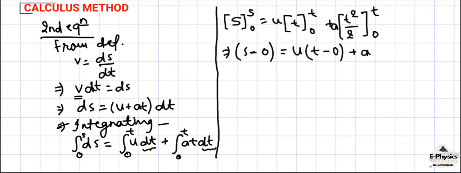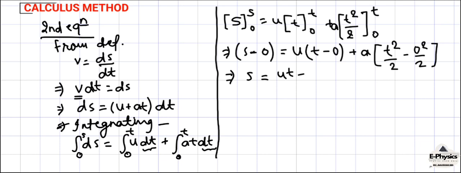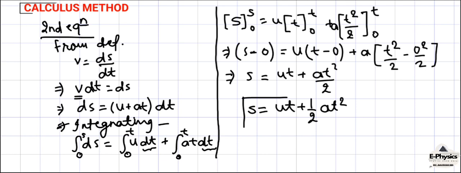So a multiplied by upper limit minus lower limit, that is t square by 2 minus 0 square upon 2, which can further be written as s is equal to ut plus a t square upon 2. Okay, now we get the second equation of motion, that is s is equal to ut plus half at square. So this is the second equation of motion that we have derived from the calculus method.